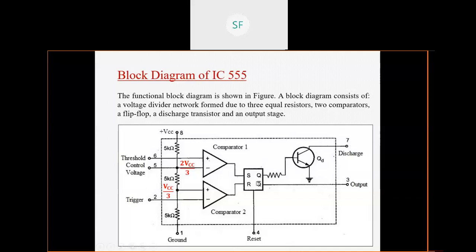And the other output of the flip-flop, that is Q bar, is nothing but the output pin of your IC 555. Okay, so this is your output. From this pin you will get the output. That is pin number 3, the output pin of your IC 555.